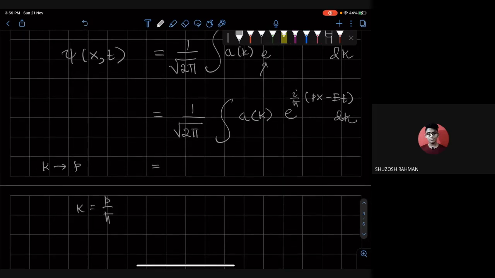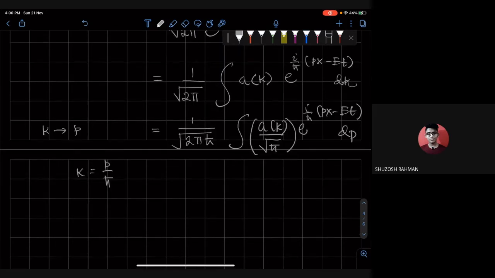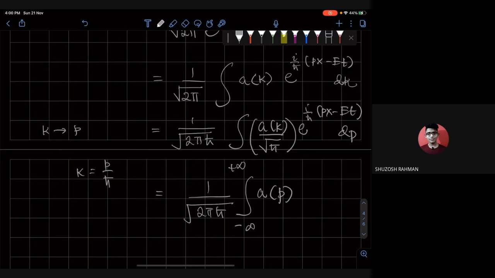So we will get 1 over 2 pi square root, and then there will be an h bar, and then A of k by square root of h bar. I think this is how we define it, yeah, I think that's correct. dp, and I think this is what we call A of p, okay? There might be some factors of h bar that I'm getting wrong here, but that's not the most important thing.